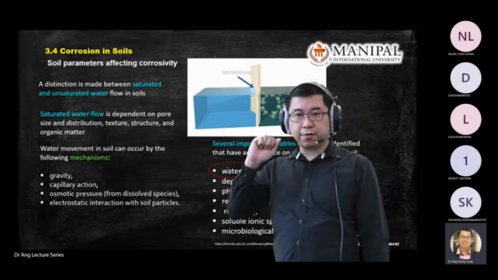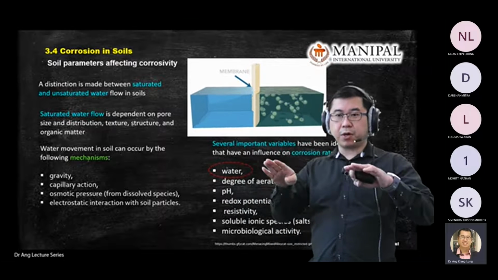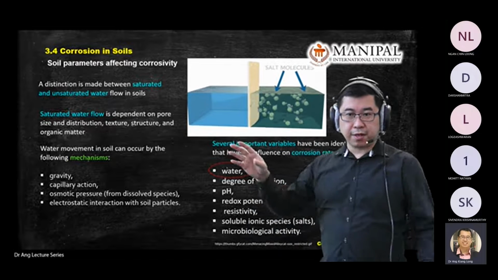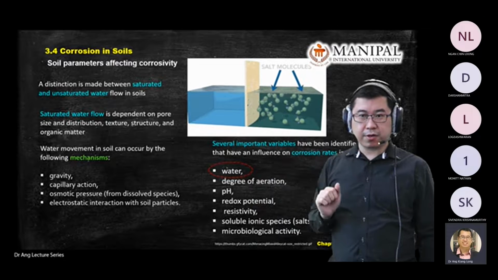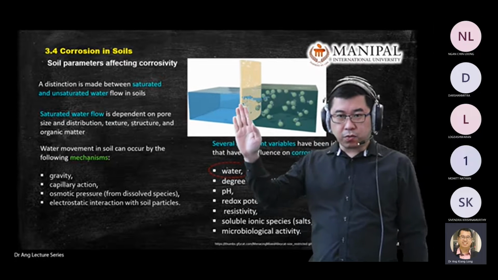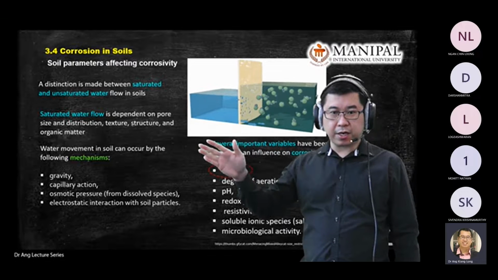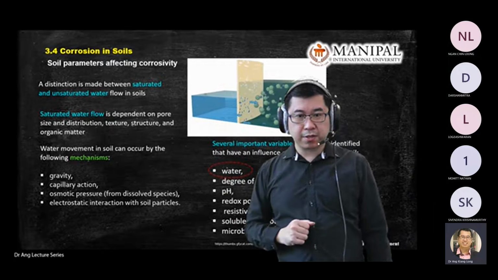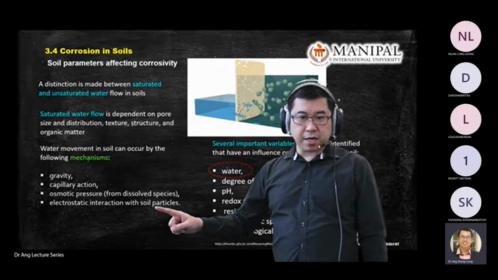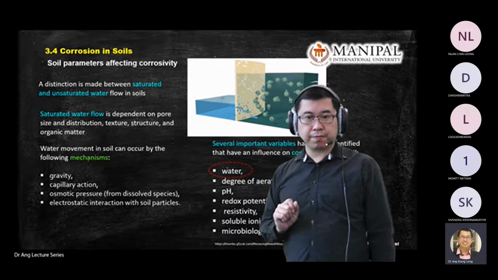For example, if you have overlapping layers of different soil particles, they form a layer similar to a membrane that creates the osmosis process. Fourth, electrostatic interaction with the soil particles.